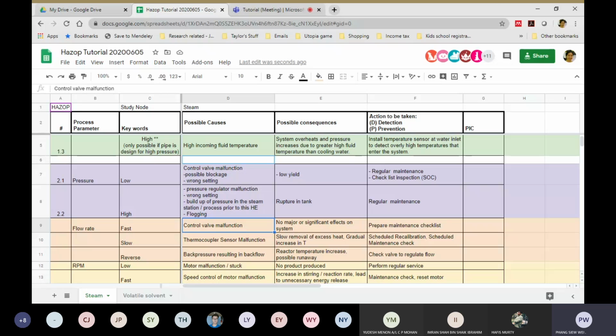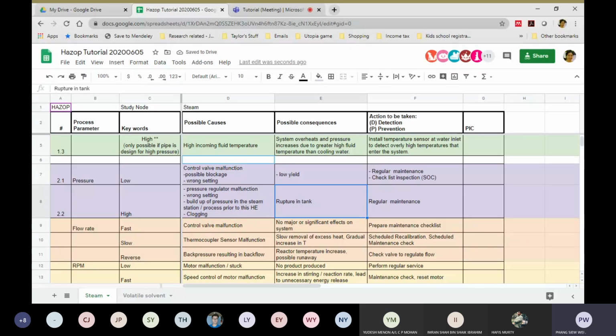That is why I wanted the two groups to be in one session, so that we can see different ideas. I believe you have taken advanced fluid mechanics, something like that, which talks about potential build-up in the pipes, etc. So that's a good one. Is it flogging or clogging? Clogging, with a C, right? Yeah, clogging.